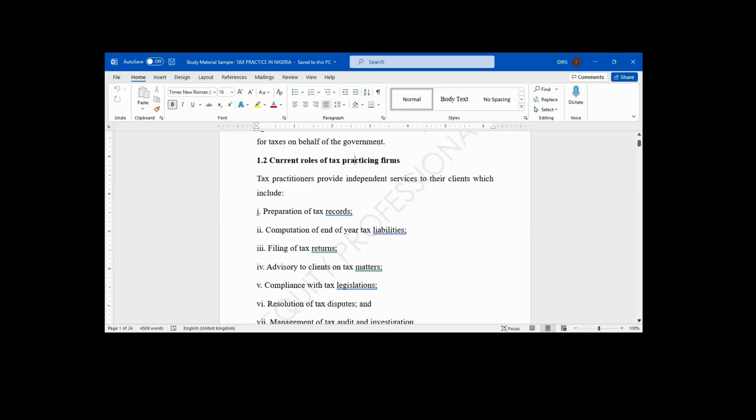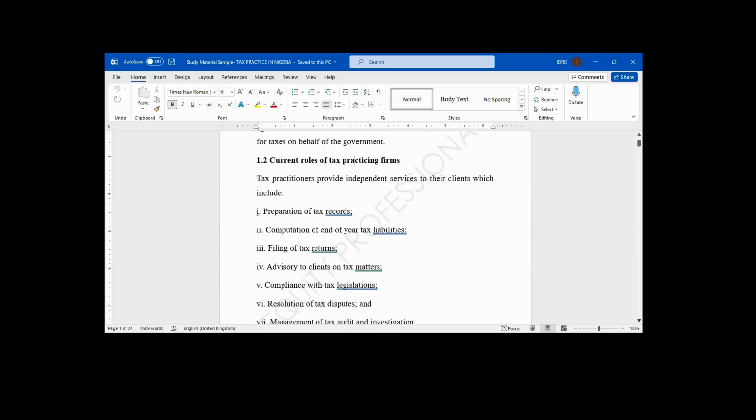Another role of a tax practice firm is filing of tax returns. They help their clients to file tax returns as and when due. The tax return can be monthly, like value-added tax, withholding tax, and personal income tax.